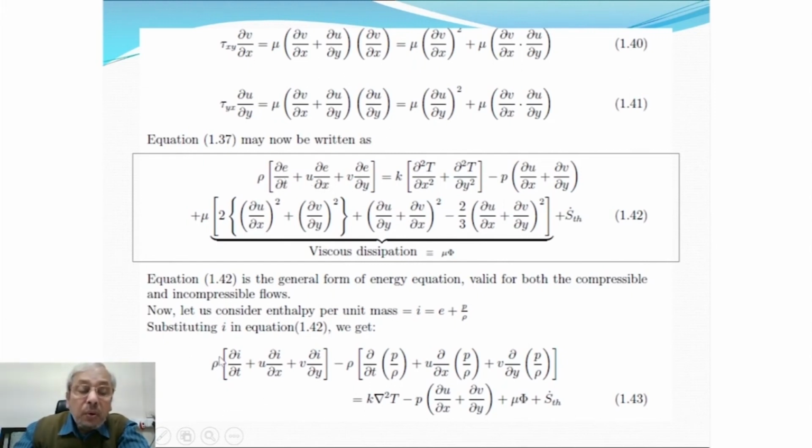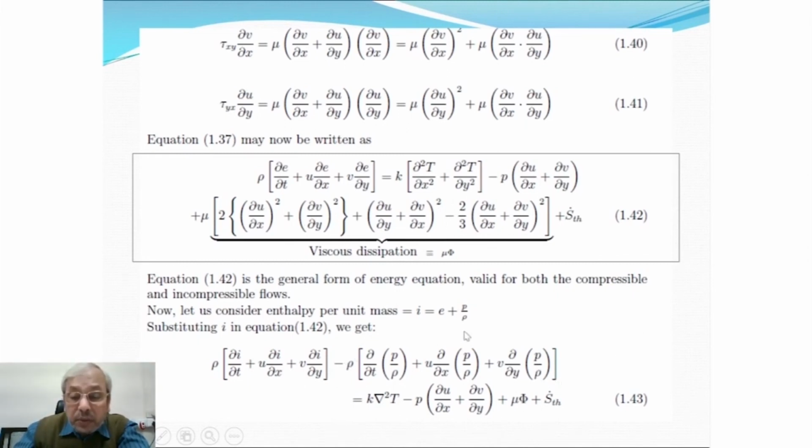And so what we have done: rho del I del T plus U del I del X plus V del I del Y, and the terms del del T of minus P by rho, U del del X of minus P by rho, and V del del Y of minus P by rho we have transferred to the right hand side.